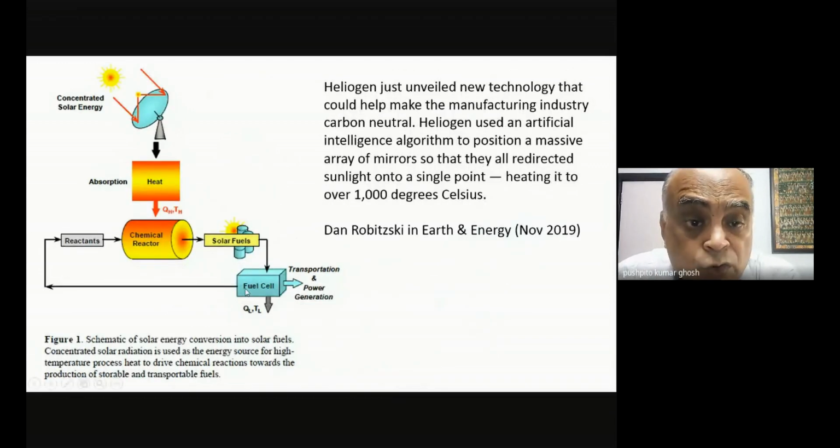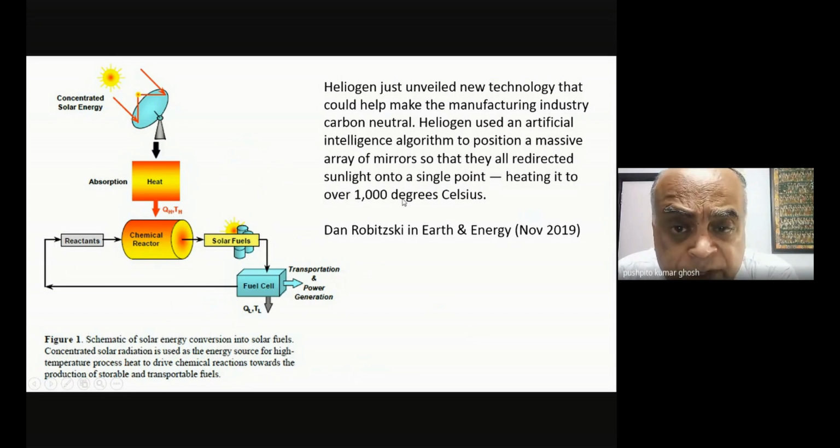Now you could, however, use these systems also to do chemistry. Chemistry in the sense that I can actually generate chemical fuels, taking advantage of the heat.